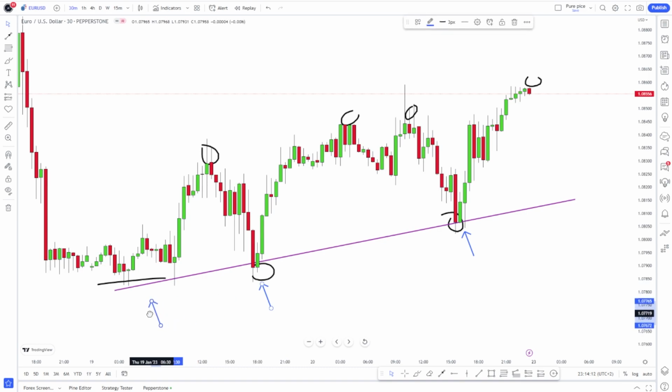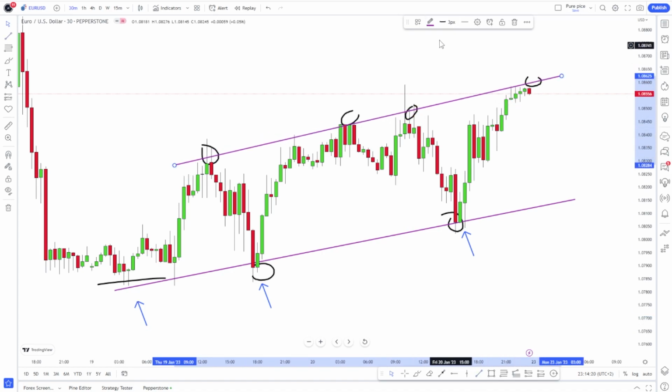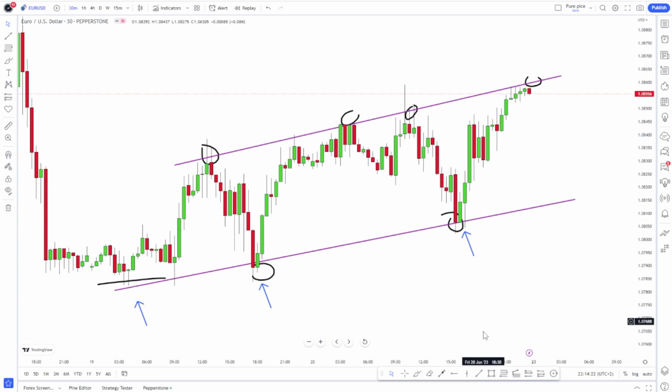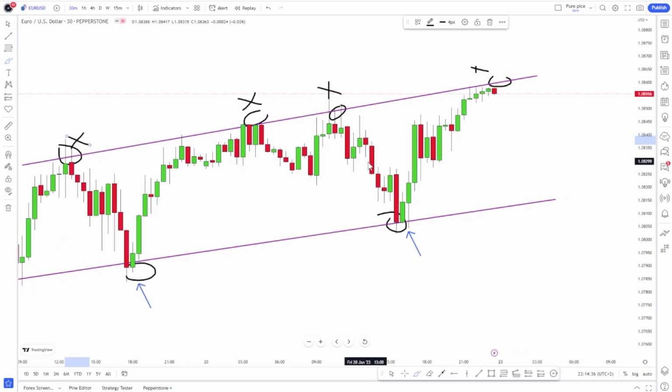Meaning that if price is all the way up there on the resistance, let me put a resistance trend line like this, you avoid all these opportunities. Why? Because you are trying to be on the safer side.